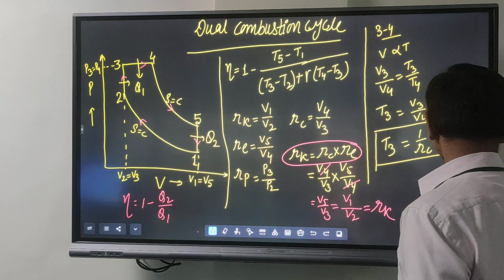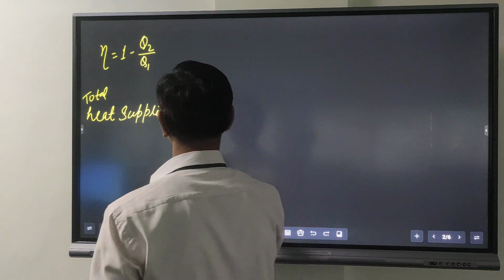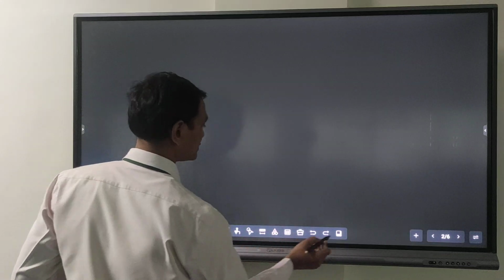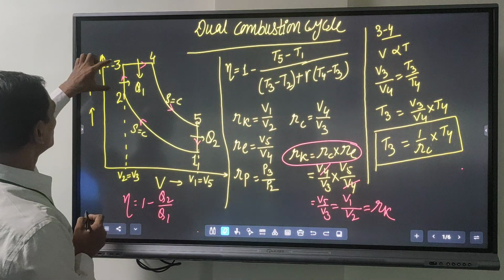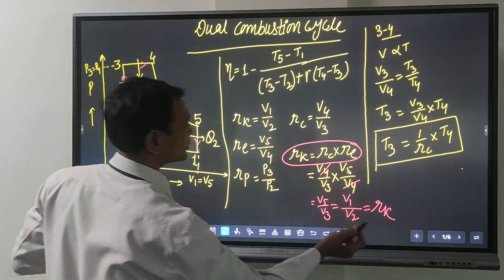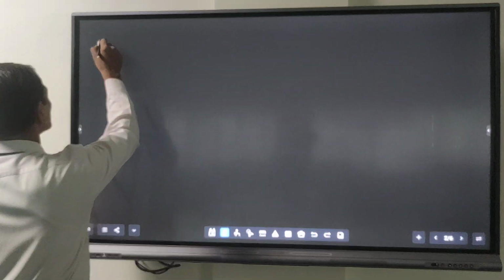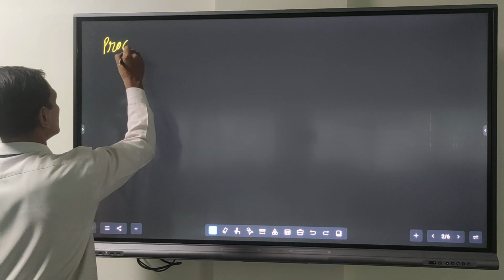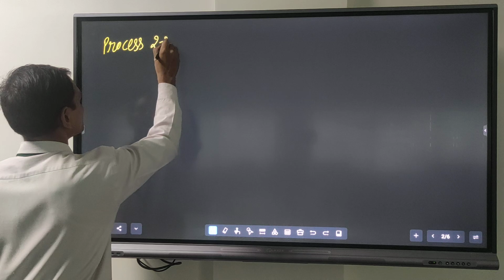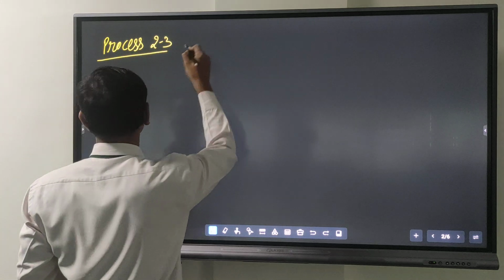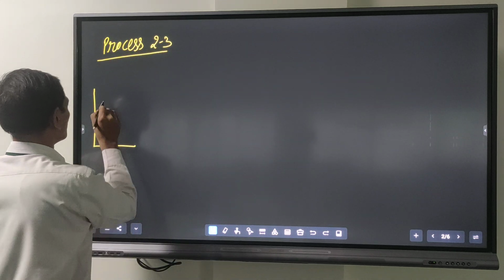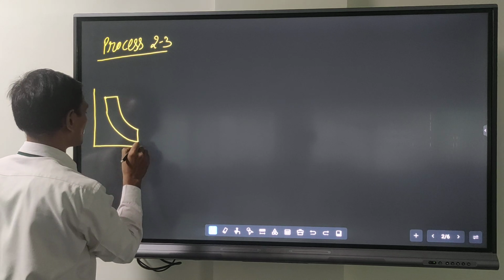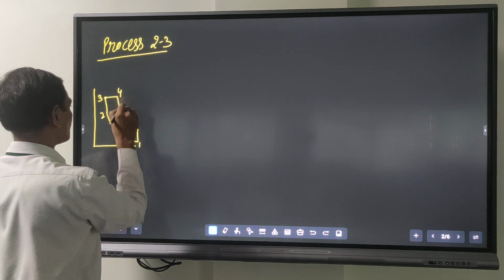So pressure is directly proportional to the temperature.